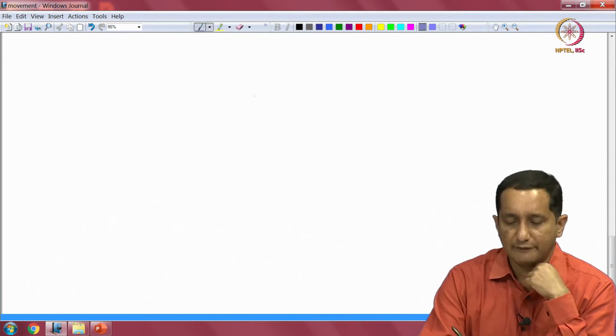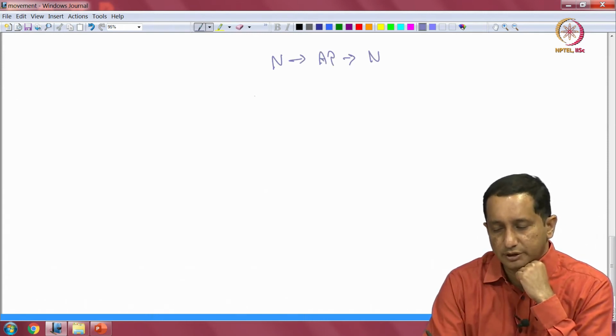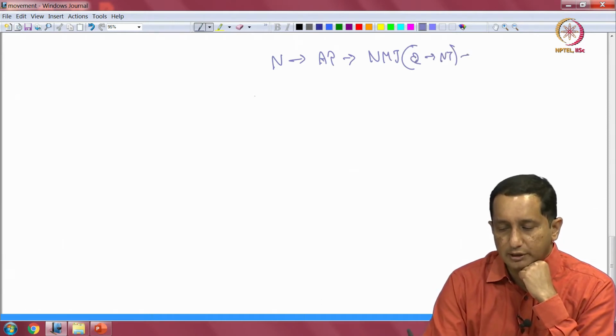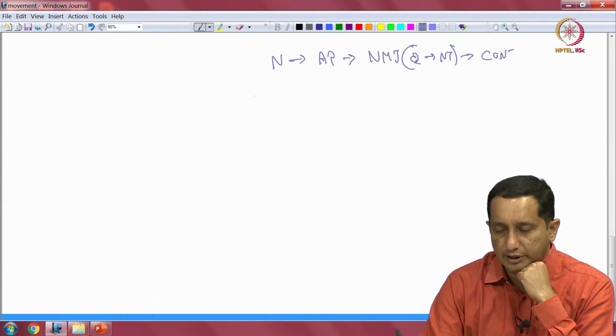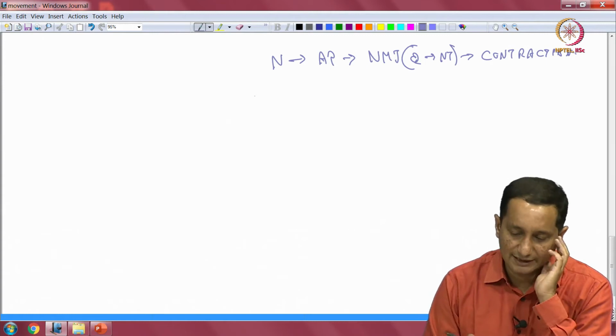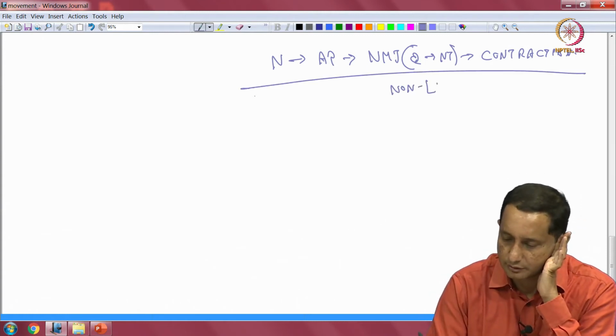So, I was describing one neuron producing one action potential, producing NMJ activity, which has a fixed quanta of neurotransmitters that causes one single contraction. So, at the basic level we need to see how this can be made nonlinear.